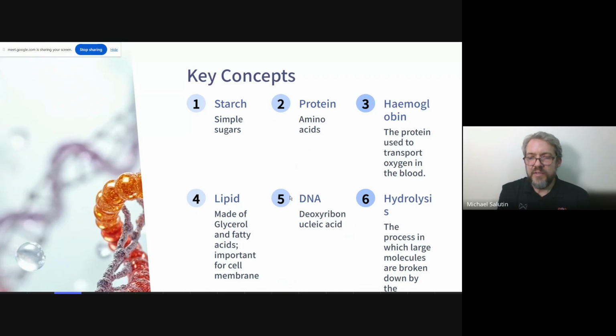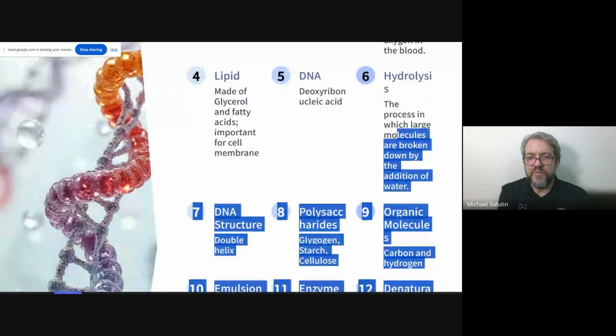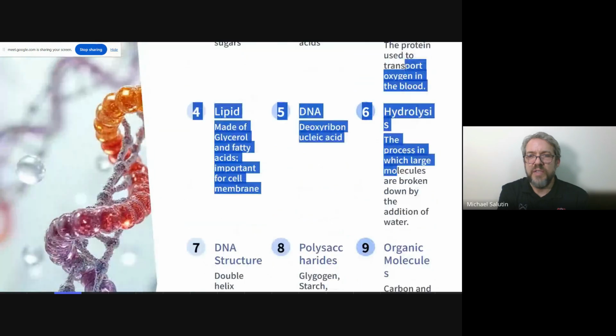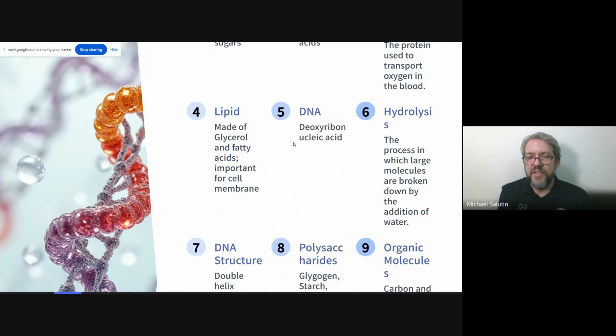Let's look at another molecule here. So let's have a look at number 5, and then we're going to skip ahead to 7, which is related. So those nucleic acids, one of the main molecules they make up is DNA. And DNA is our genetic material that is found in the nucleus of every cell.